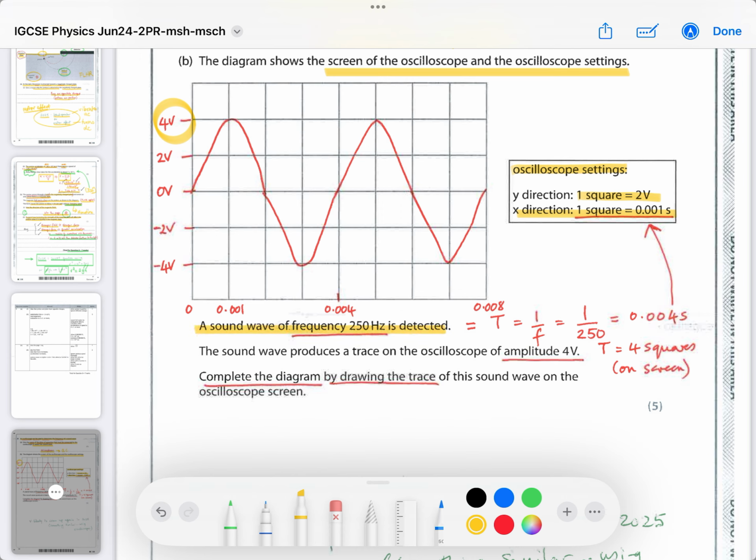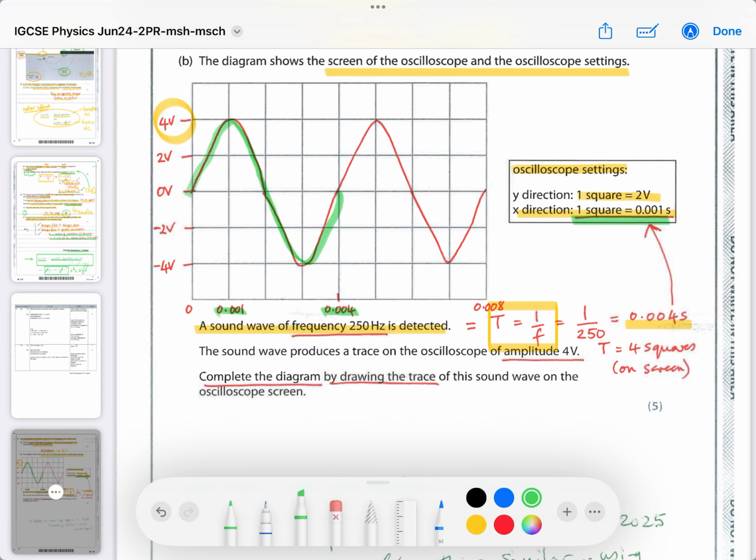Okay, so you can work out from this equation that the period is 1 over the frequency, so the period should be 0.004 seconds. And since they told us that 1 square is 0.01 second, there's 1 square, 4 of those will be 0.04 seconds. So the period of this wave will be this much.